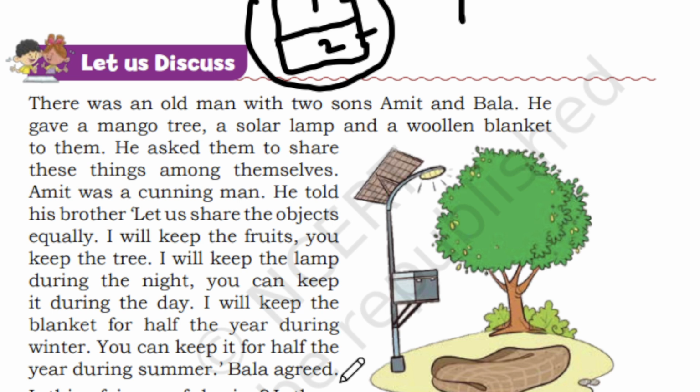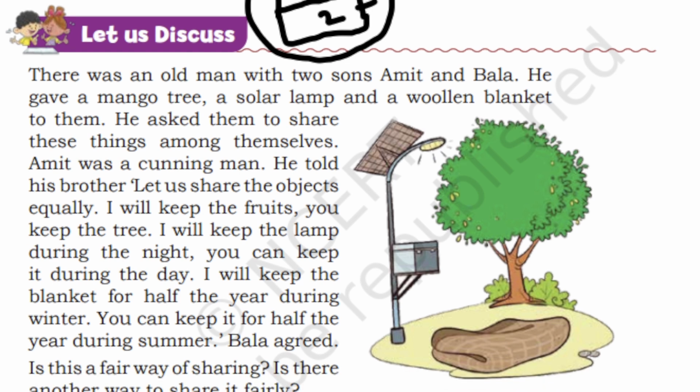I will keep the fruits, you keep the tree. I will keep the lamp during the night, you can keep it during the day. I will keep the blanket for half of the year during winter, you can keep it for half the year during summer." Bala agreed.